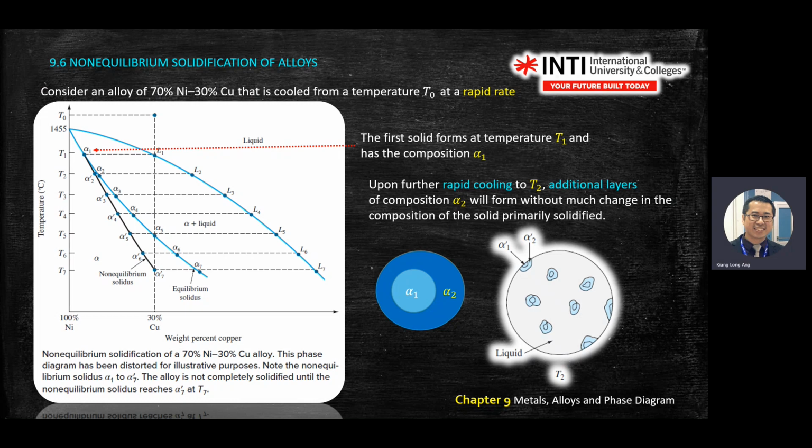Then on the microscope, you will see that actually they start to grow some nucleus, some solid like that. So you have alpha 1 covered by alpha 2. It will grow bigger and bigger. But you see that actually you see a few layers. In this case, if you drop from T1 to T2, you see 2 layers. Okay. And then the remaining one, the white color blank space here, is liquid.